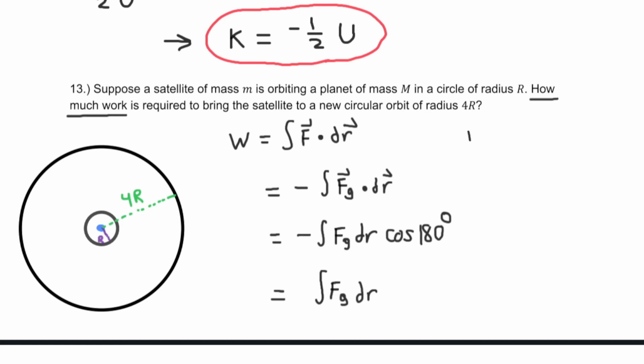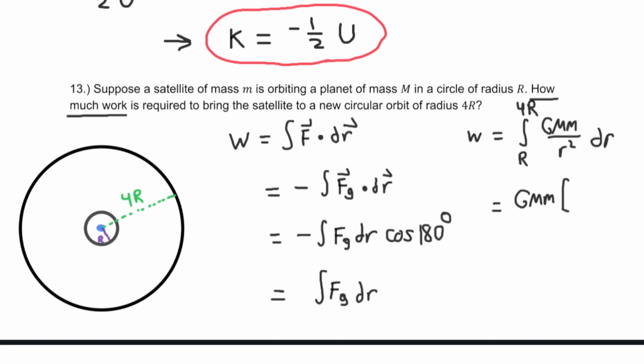So work is going to be the integral from r to 4r of GMm divided by little r squared times dr. And notice that everything that's not r is constant, so GMm gets pulled out in front.